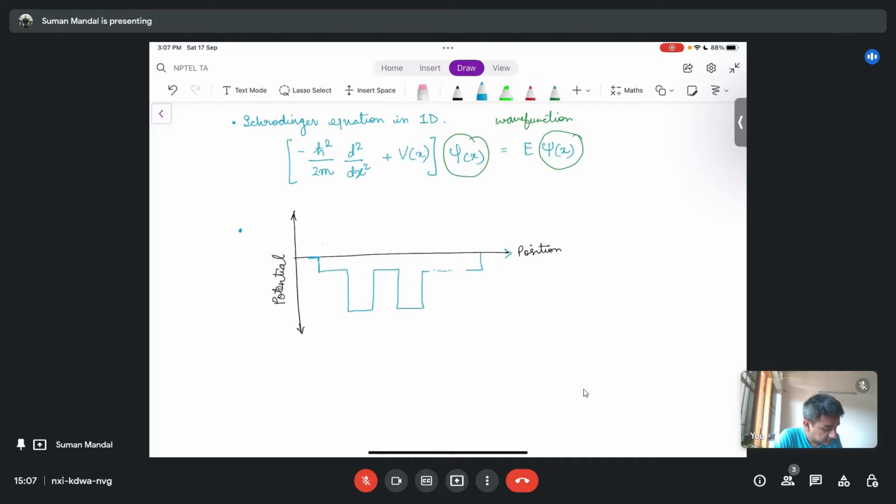Here the free electrons are contained, basically the sample dimension, the material dimension.